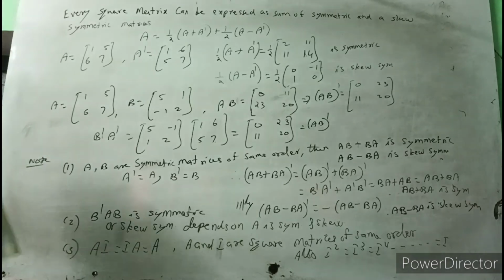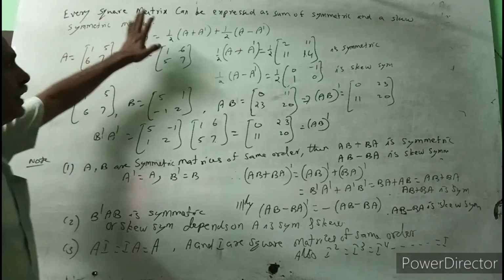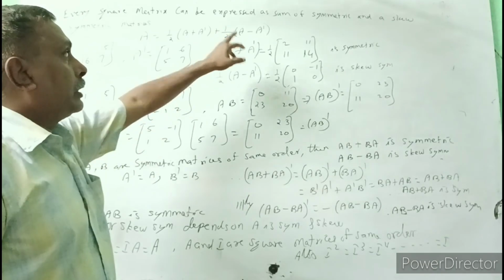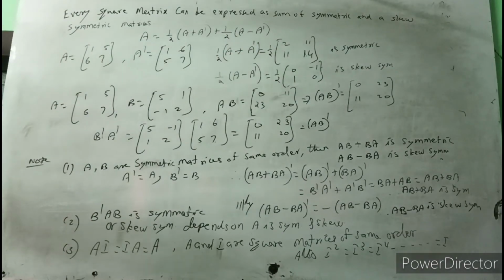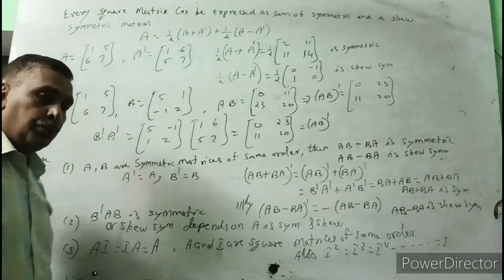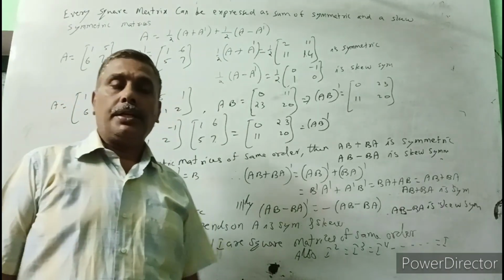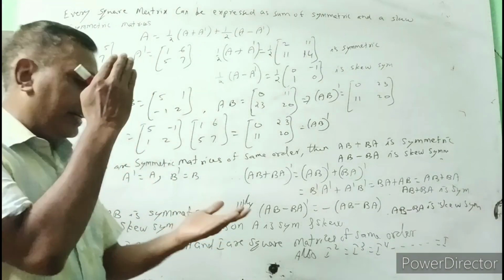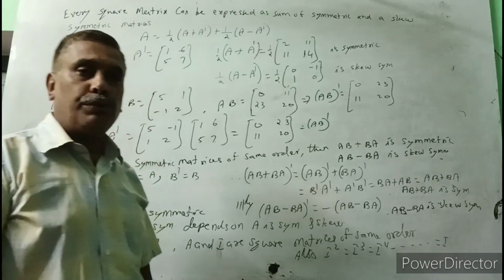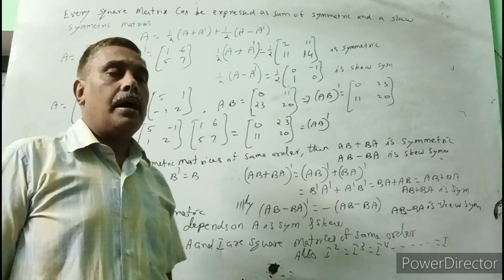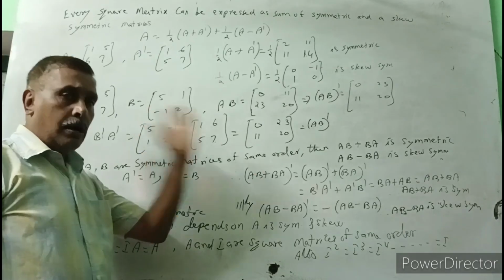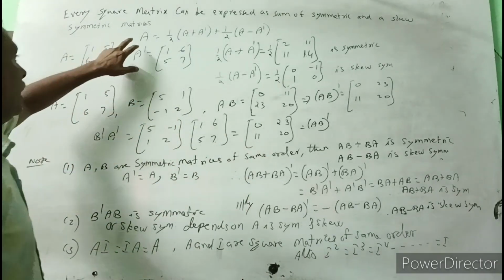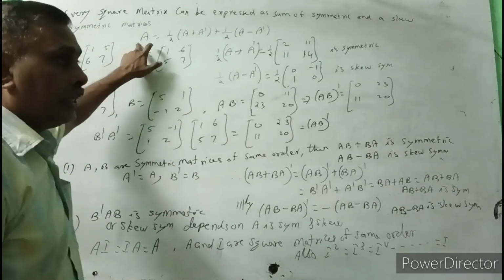So let us see an important result. Every square matrix can be expressed as the sum of a symmetric and a skew symmetric matrix. It means you take any square matrix, we can split it into two matrices in which one is symmetric and the other is skew symmetric. So how is it done? I took A as a square matrix.